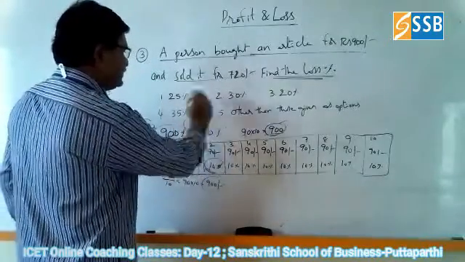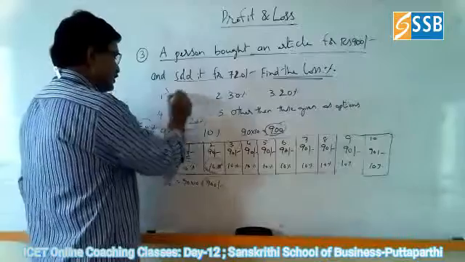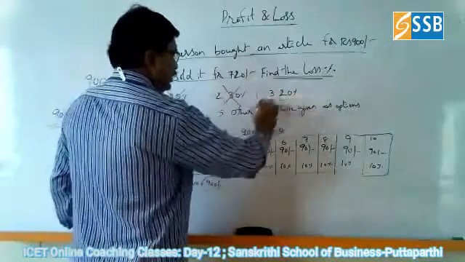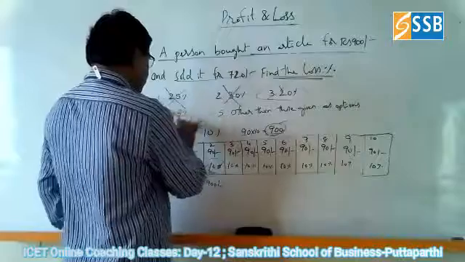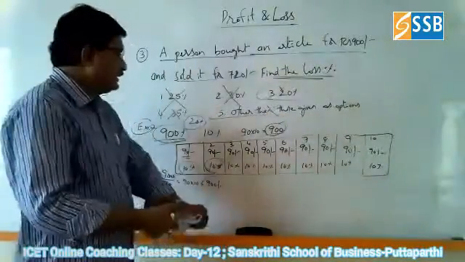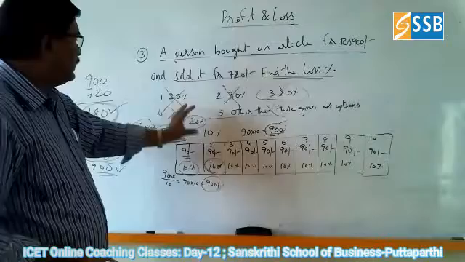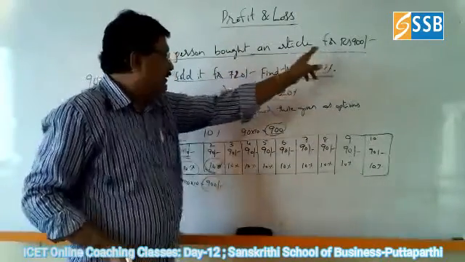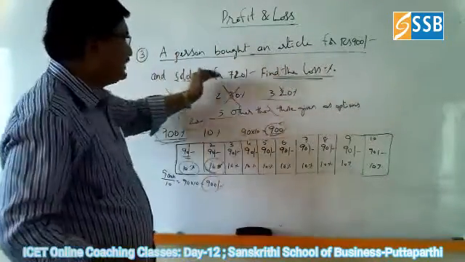Is 20% in the answers? First part, no. Second part, 30%, no. Third part, 20%, yes. Fourth part, 35%, and other than it is also wrong. So very simply: a person bought an article for rupees 900 and sold it for 720 rupees.